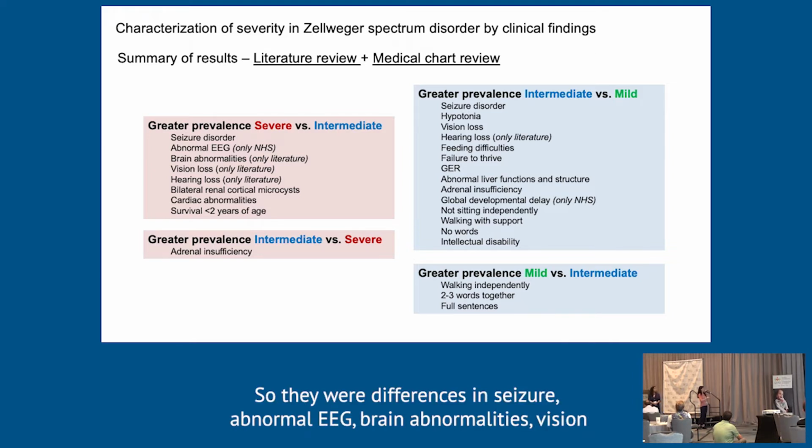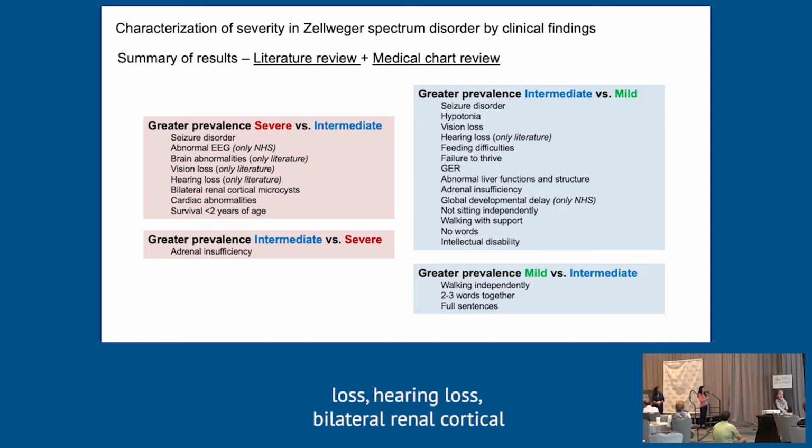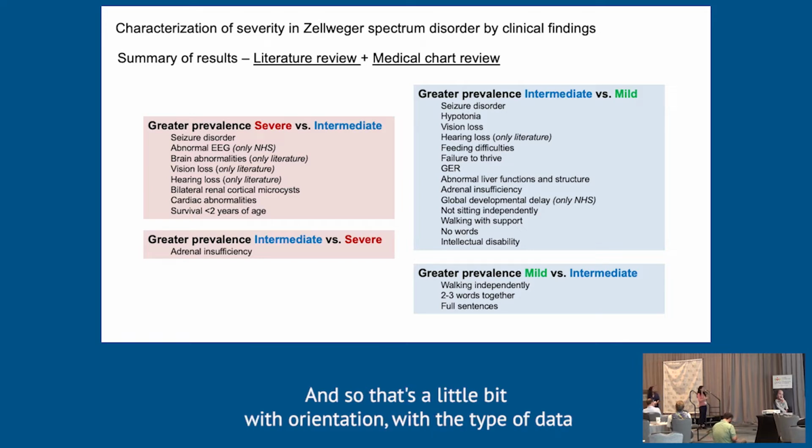There were differences in seizure, abnormal EEG, brain abnormalities, vision loss, hearing loss, bilateral renal cysts, microcysts, cardiac abnormalities, and survival. Some of them were only seen in the literature, some of them were only seen in the natural history study, and that's linked a little bit with the limitation with the type of data we were working with.